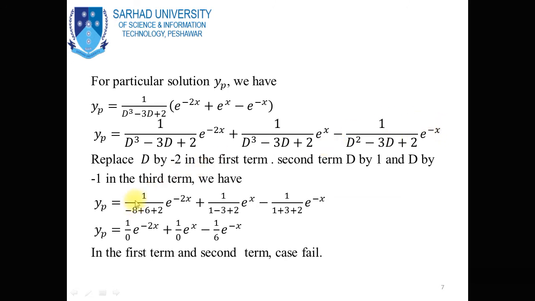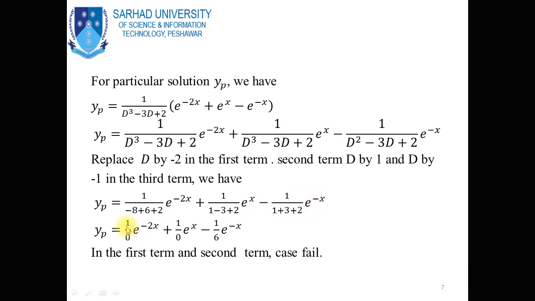So 1 over minus 8 plus 6 plus 2 e power minus 2x, plus 1 over 1 minus 3 plus 2 e power x, and 1 over minus 1 plus 3 plus 2 e power minus x.